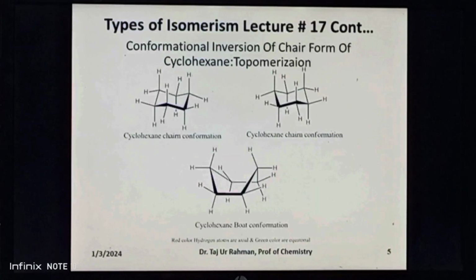In this slide, the two chair and one boat conformation of cyclohexane have been shown. In all these puckered conformations of cyclohexane, the axial hydrogen atoms are represented by red color, while the equatorial hydrogen atoms are represented by green color.